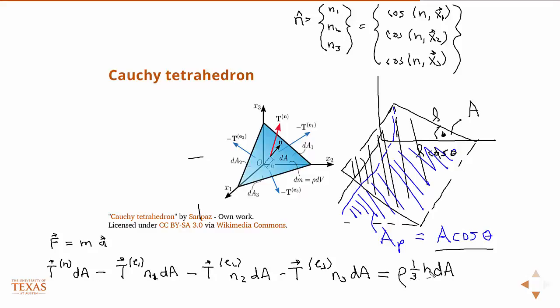So if the area of the base is dA, and the height is defined by this distance between the origin of my coordinate system and N, this is mass, okay? And then I'm just going to multiply by acceleration. F equals ma. Now you can immediately see that all the dAs, they're in every term, so we can cancel them.